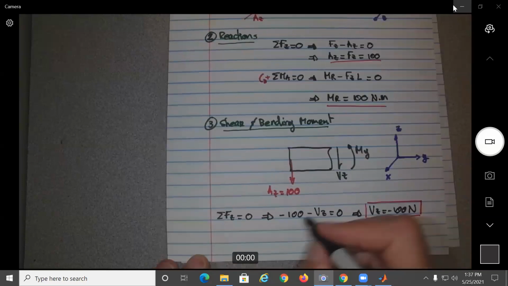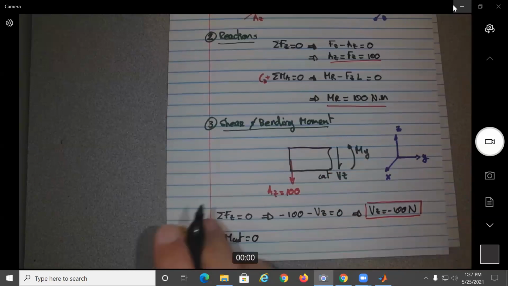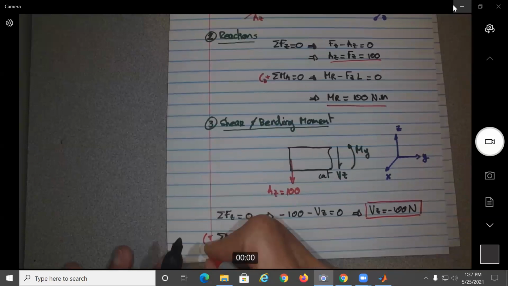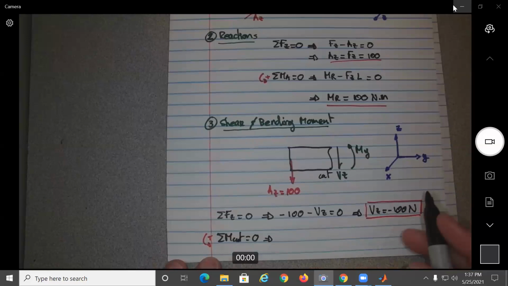And summation of moments about the cut equal to 0. So this will give us what? Here we need to be a bit careful. So we have My.